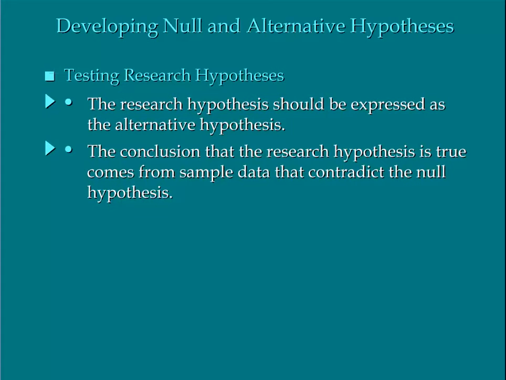So if you're conducting a study and you're looking to check if some conclusion from the study is realistic or something that should be accepted, you would express it as the alternative hypothesis. And remember, the alternative hypothesis is the opposite of the null hypothesis.